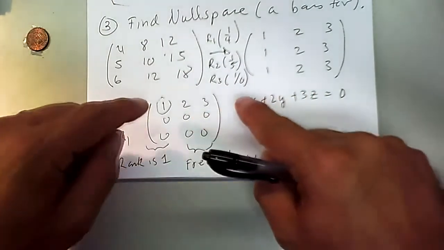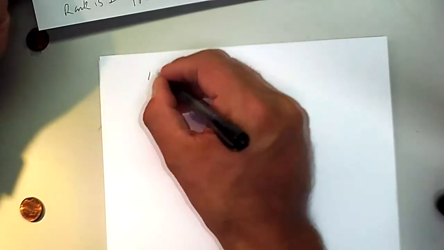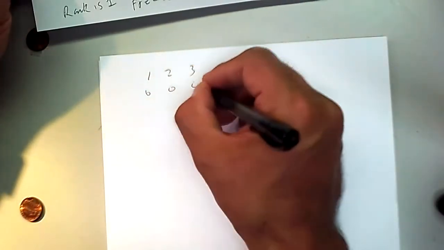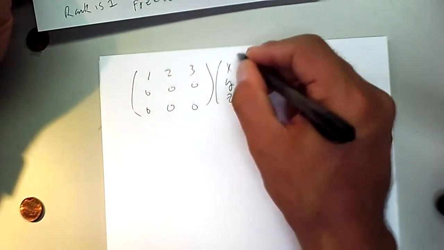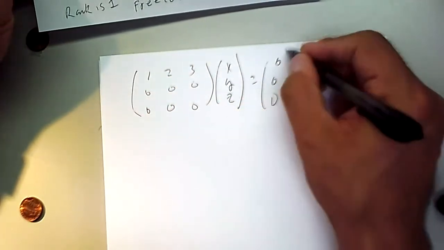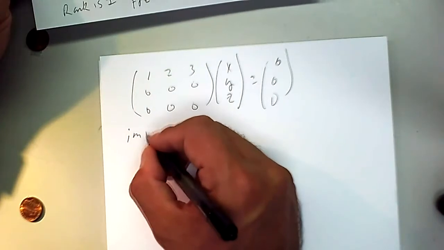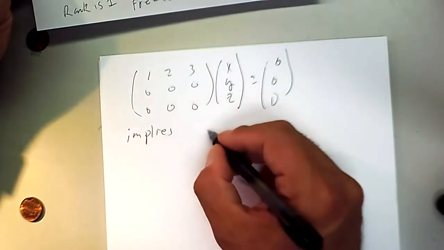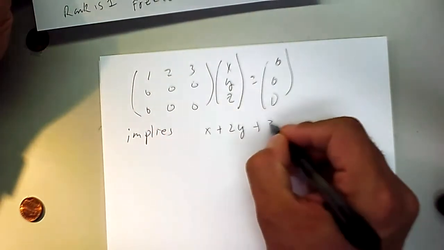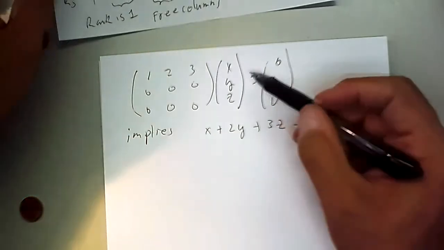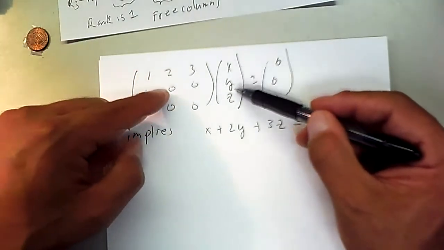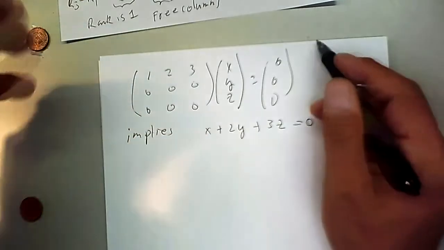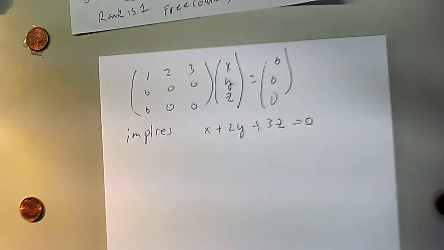But that just says, let's write this out. So 1, 2, 3, 0, 0, 0, 0, 0, 0 times x, y, z equals 0, 0, 0 implies that x plus 2y plus 3z is equal to 0. And then 0 equals 0 equals 0, which doesn't add any information.